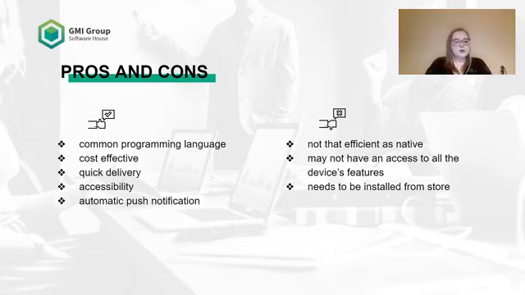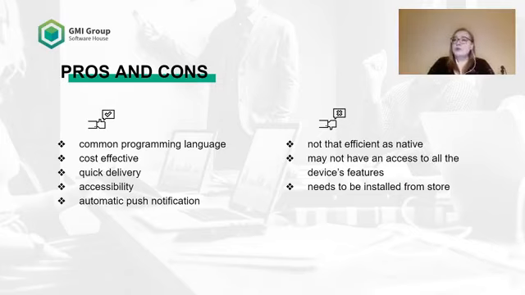Pros and cons. The programming language is more common, so it's easier to find developers. They are also, you can say, cheaper. I know that it doesn't sound well, but yeah, they are actually cheaper than the developers for the native app.